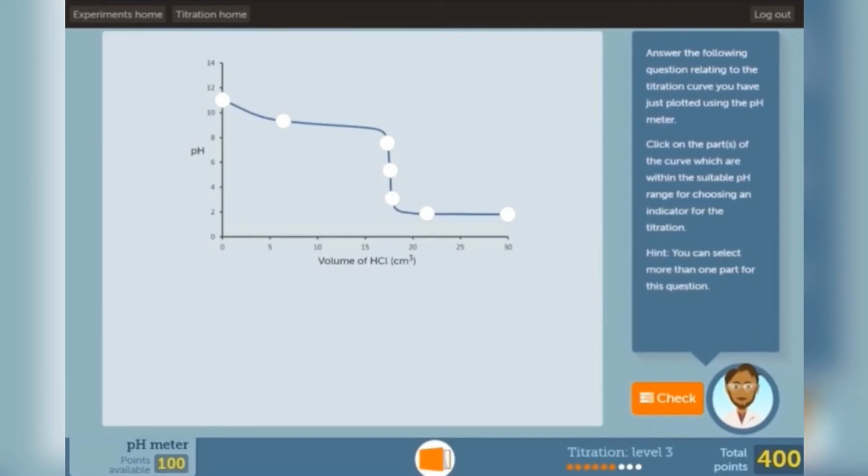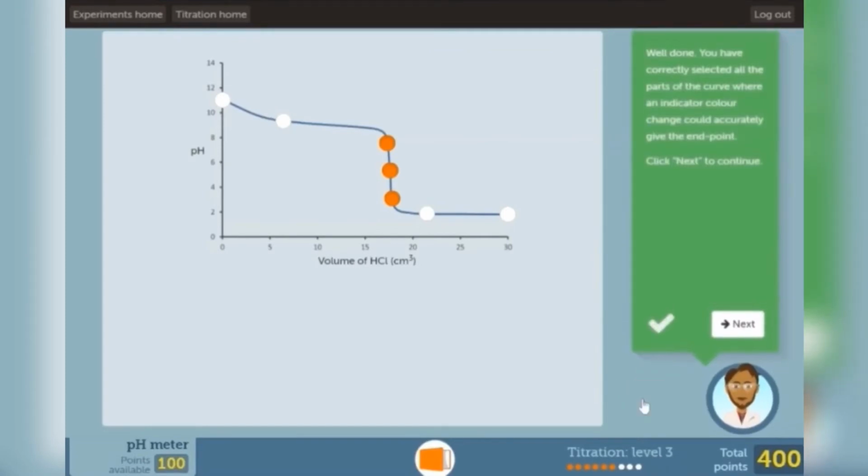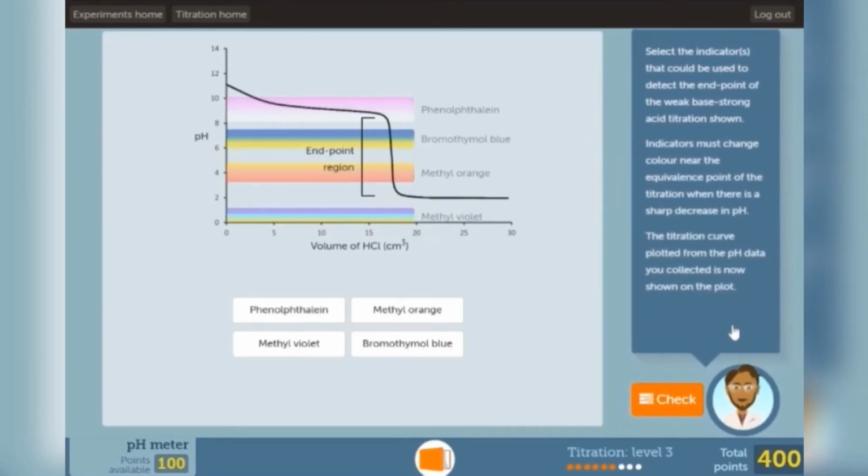The middle three points are the part of the curve where an indicator color change would accurately give the end point. And then, methyl orange and bromothymol blue are indicators to determine the endpoint of the titration.